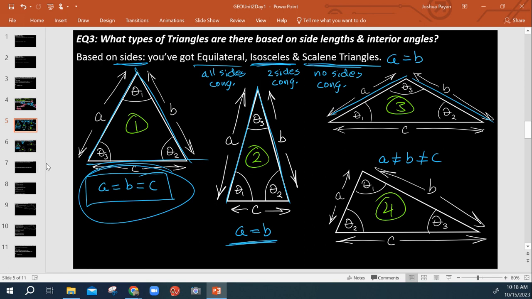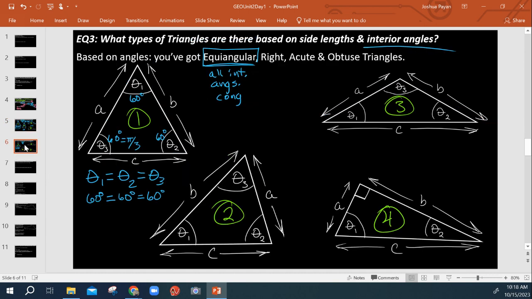So equilateral and equiangular are the same thing. If it's equiangular, then it's equilateral, and if it's equilateral, it must be equiangular. So if all three angles are the same, all three side lengths must be the same.